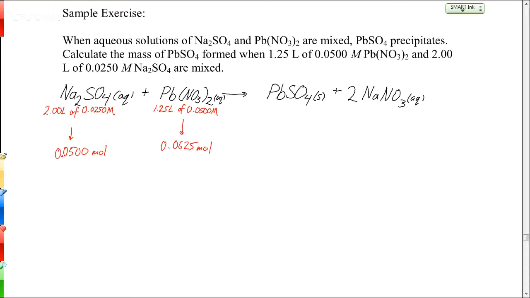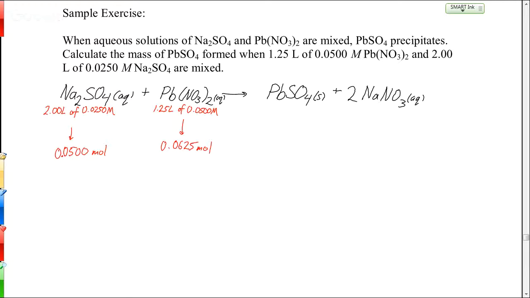Comparing those two then, what's the limiting reactant? Sodium sulfate, because the equation tells us it has to be 1-to-1 in moles. We've got 0.05 moles of sodium sulfate, 0.0625 moles of lead nitrate, so we've got extra lead nitrate, 0.0125 extra lead nitrate.